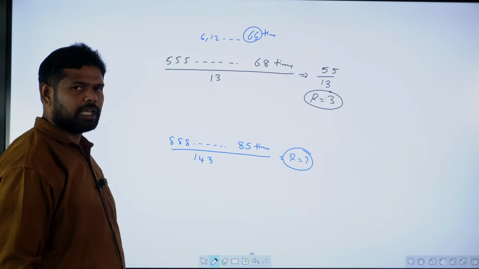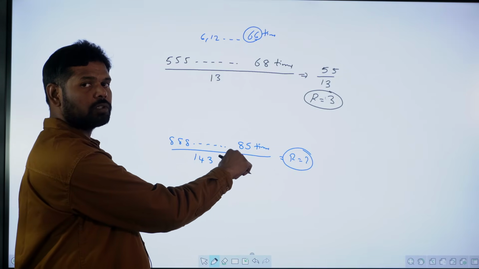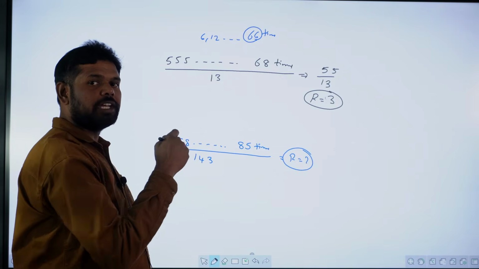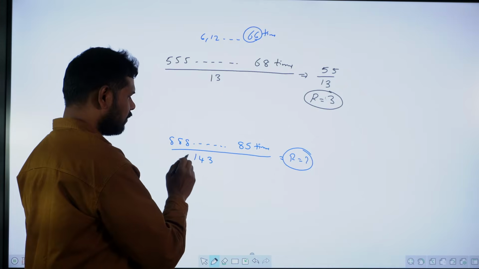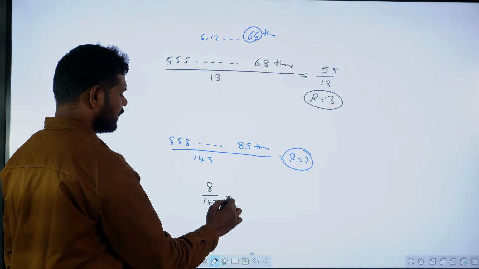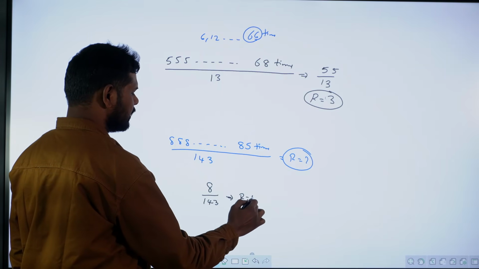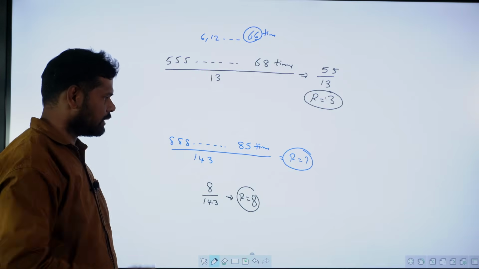Simple. 6 times, 12 times, and 6 times 14 is 84, so up to 84 times it is completely divisible. The remainder is 1 time, which is 8. That 8 is remaining. 8 by 143, what is the remainder? Remainder is 8. That's it. That is the answer.